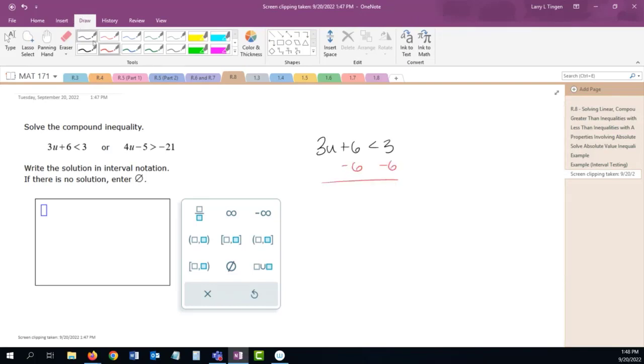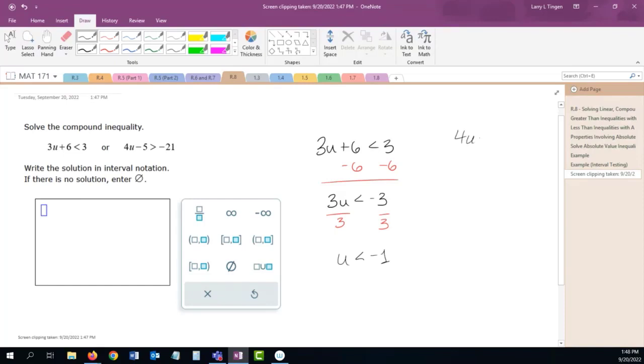Everything with the u to one side, everything without to the other. That's 3u less than 3 minus 6, which is negative 3. I get u totally by itself, so I divide both sides by 3, and that means u is less than negative 1.